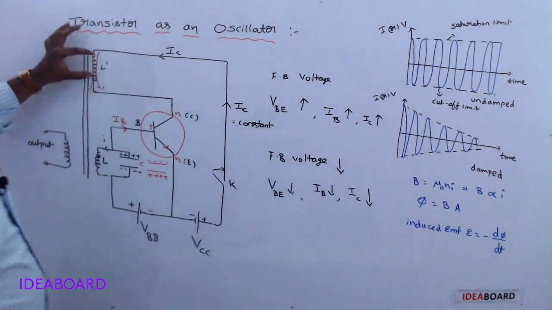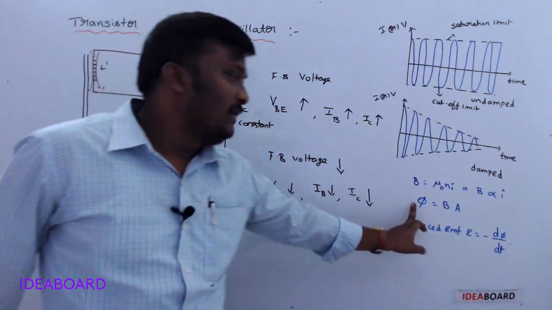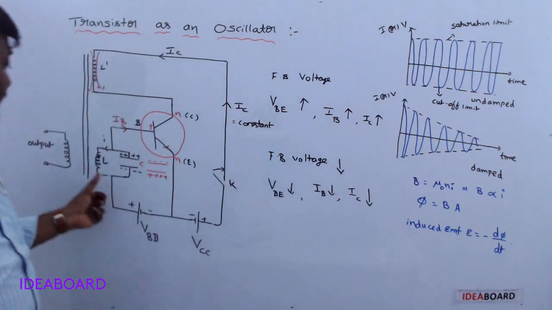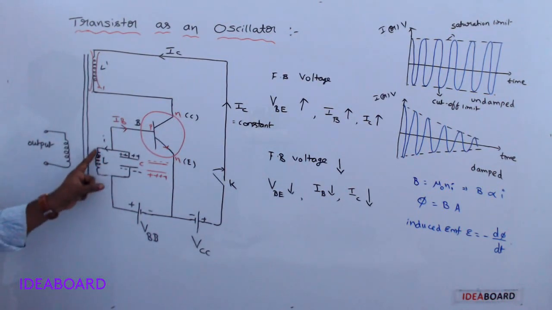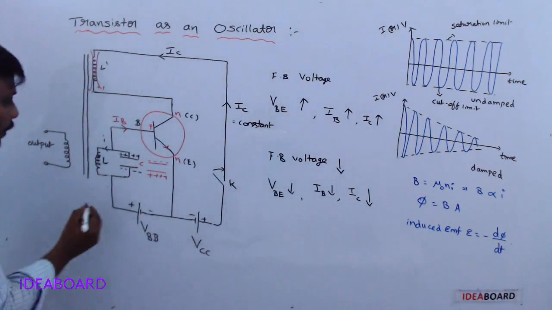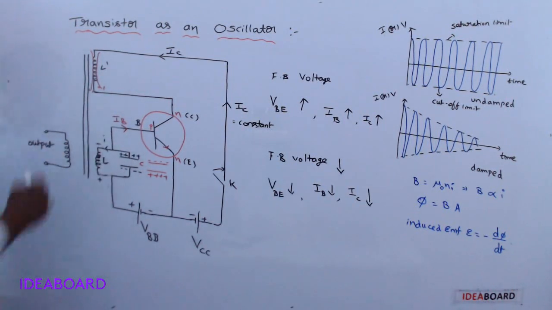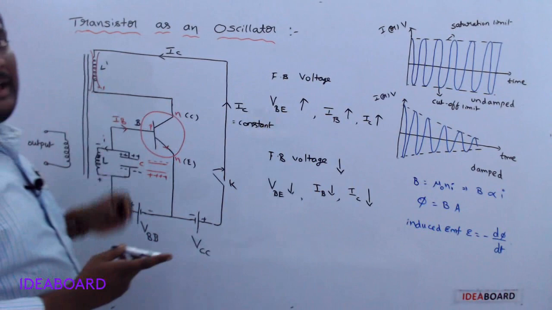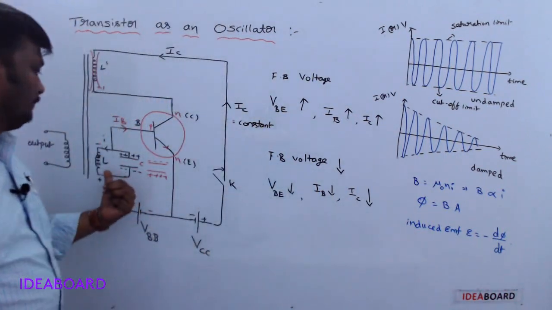So when IC decreases, the magnetic field around L dash decreases. When the magnetic field around L dash decreases, the flux linked with the coil L decreases. Whenever the flux is decreasing, induced EMF is developed. So now again we get the charges here, and it again develops the induced current here.